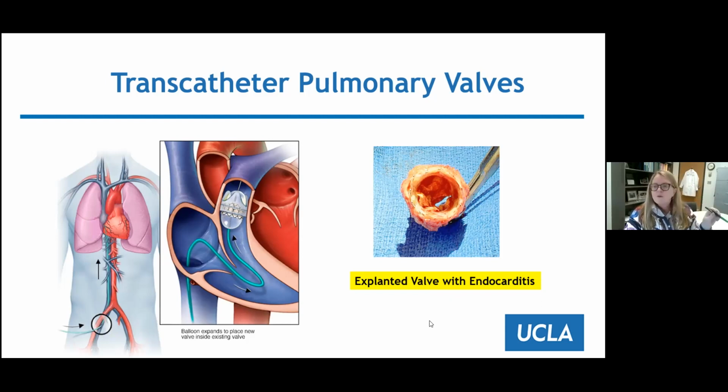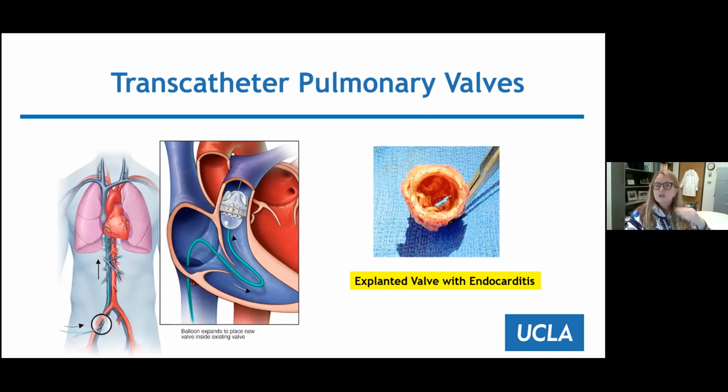These valves are showing more and more problems with endocarditis. And here's an extracted one of these transcatheter valves put in. I've said pulmonary in the title on this slide because in kids, we most commonly put pulmonary valves in.